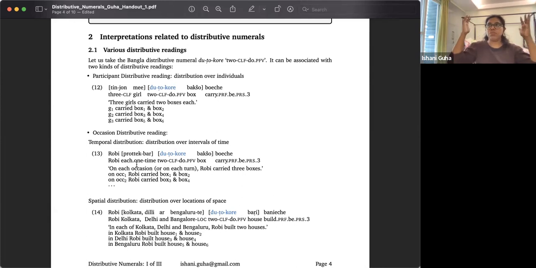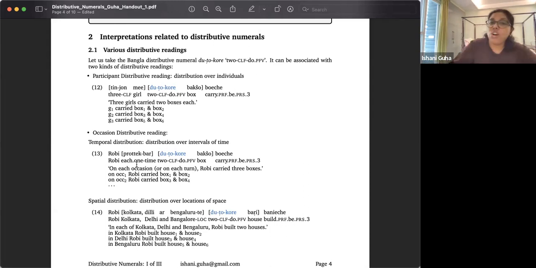There is this plural entity, which is composed of three girl atoms, and the expression duto kore baksho is assigning two boxes to each of those girl atoms. So this is distribution over atoms.